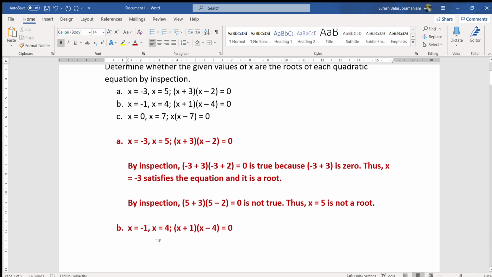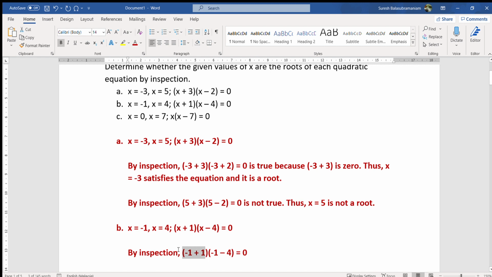We start with by inspection. For the first one, the first value is x equals -1, so you replace that in the equation: (-1 + 1)(-1 - 4) = 0. Now -1 plus 1 is 0.